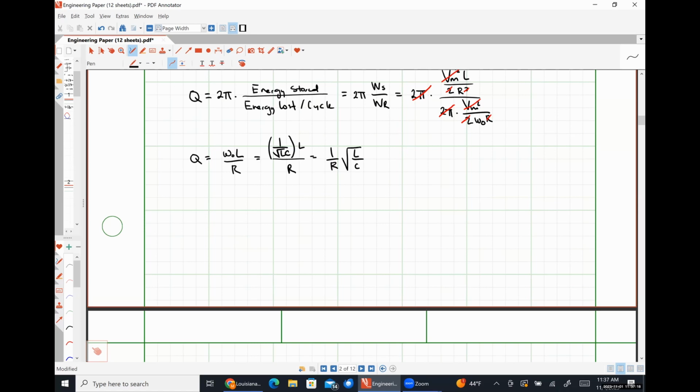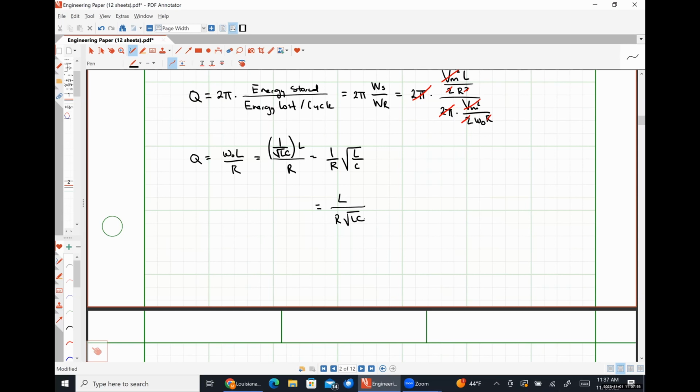And we can actually go one step further from here as well, right? So if we had omega naught R, let's put this in here. Another way to look at this expression would be to have it as L divided by R times the root of LC, right?